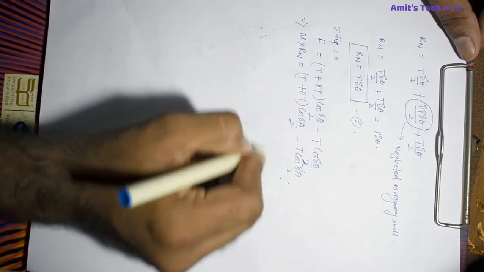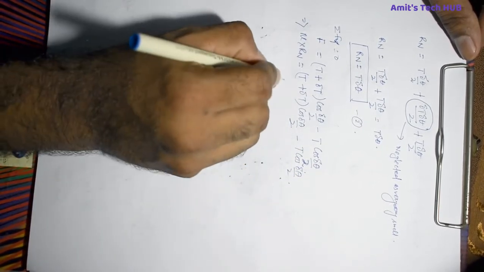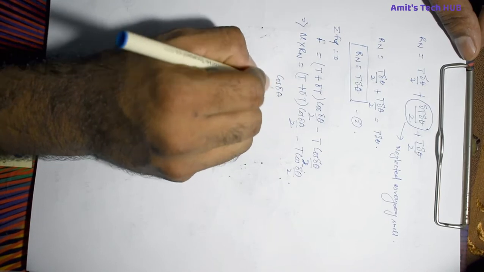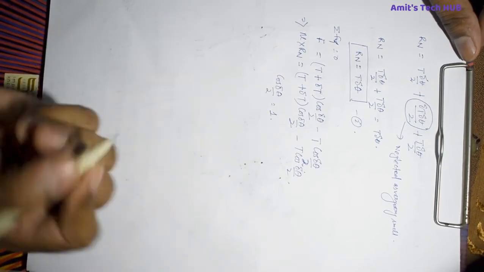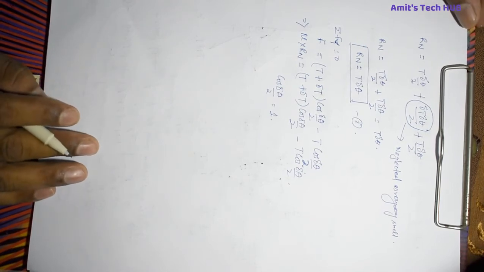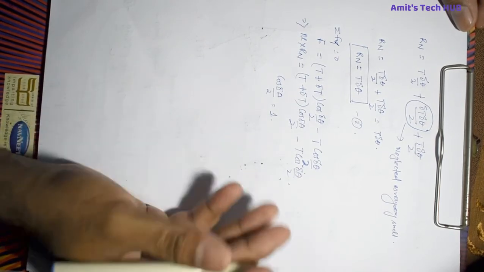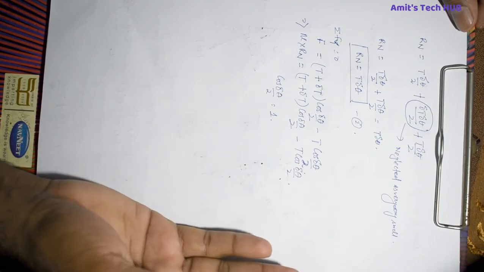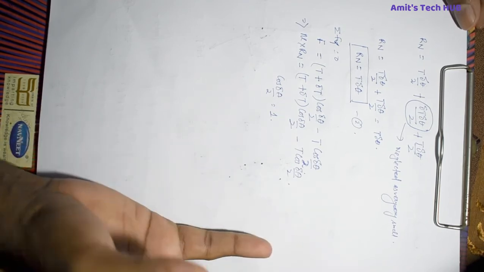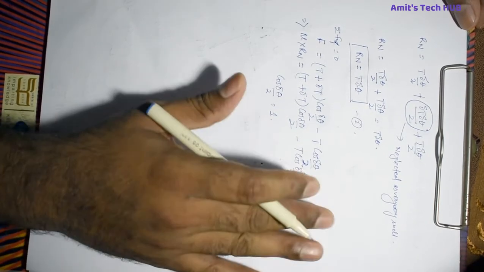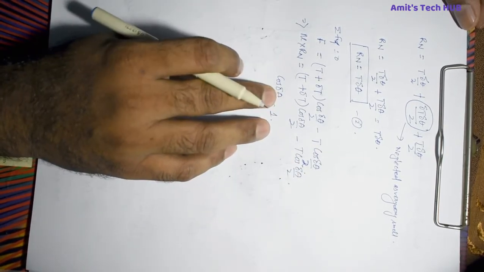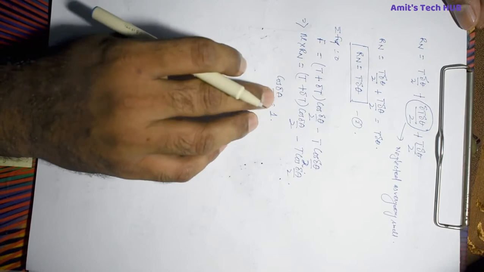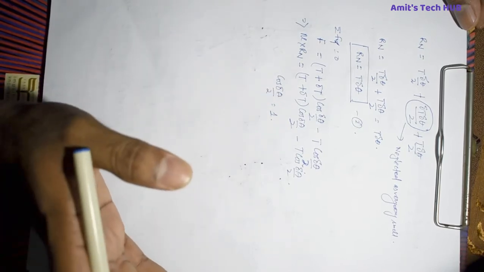So again, considering del theta is very small, we can write cos del theta by 2 is equal to 1. Here you cannot take del theta by 2 as 0 for sine, because if you take sine 0 then that will be 0, so we cannot take it as 0. That's why sine del theta by 2 is equal to del theta by 2. But for cos del theta by 2, the smallest value, that is cos 0, is equal to 1.